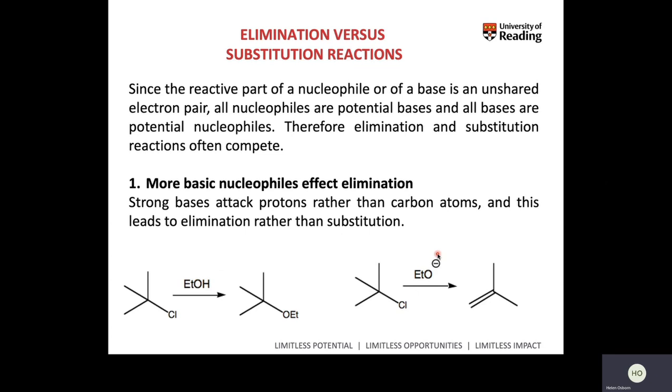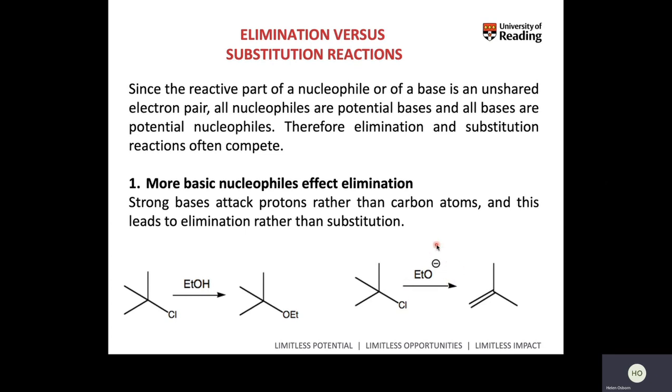Ethoxide is going to want to pull off a hydrogen because it's basic, whereas with ethanol, there's no reason it wants to pull off a hydrogen. If it did, it wouldn't make this any more stable. Whereas if ethoxide pulled off a hydrogen from the molecule, it would convert from a negatively charged species to something which is neutral, ethanol.